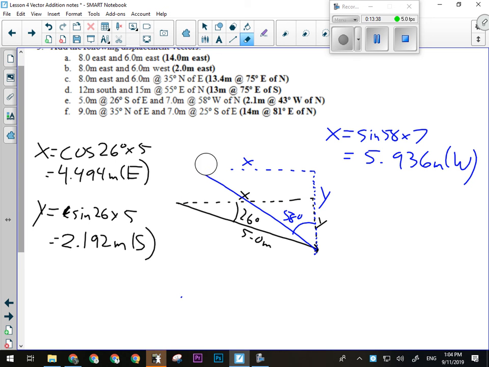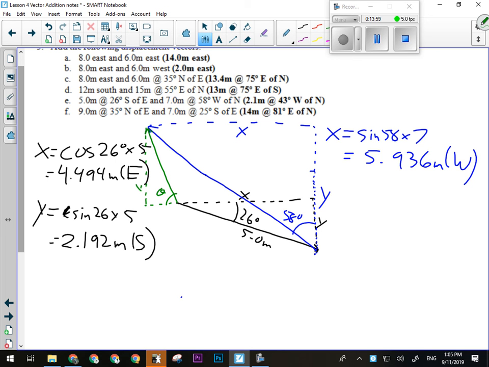I'm going to get rid of that line there as well, and adjust my diagram. So now I draw it like that, and now my diagram is more reflective of my math.